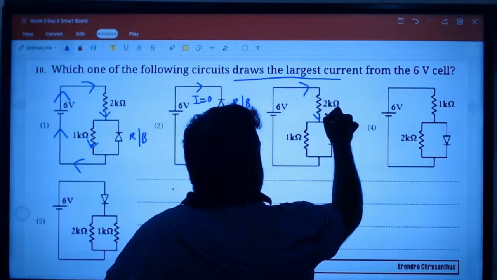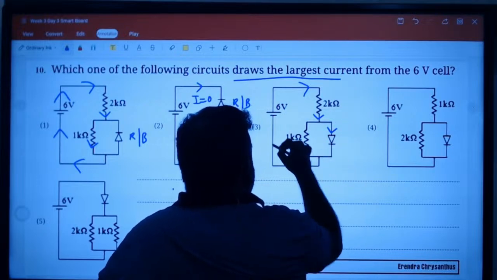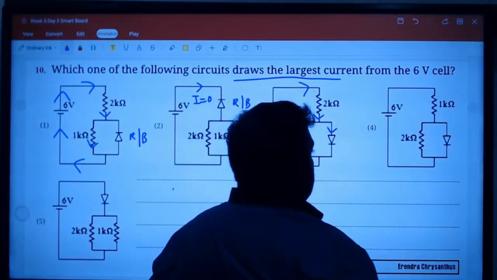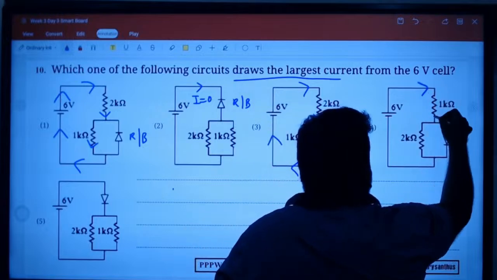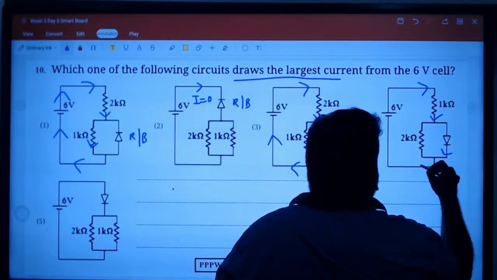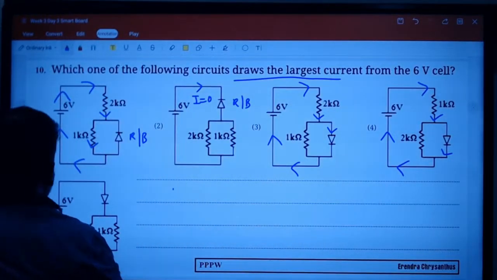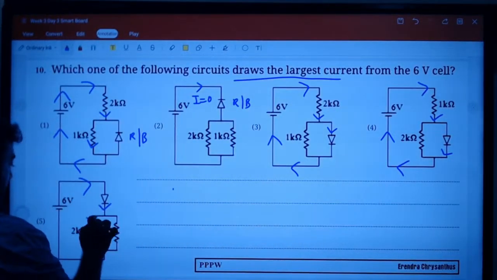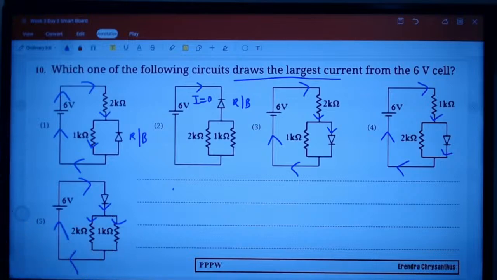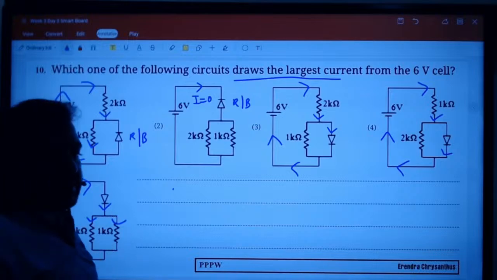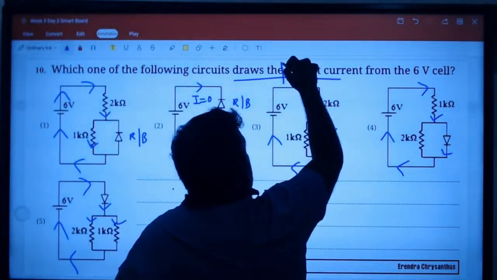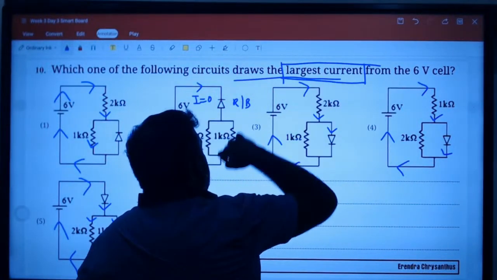Current will travel through the path of least resistance, this way. Current will actually divide and go here. So largest current means smallest effective resistance.